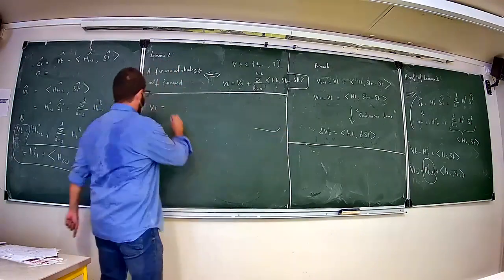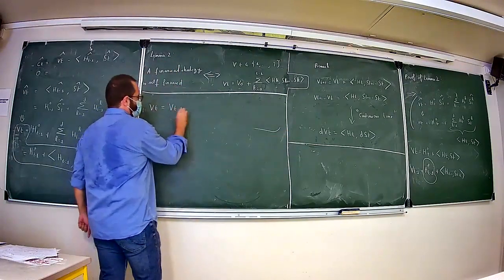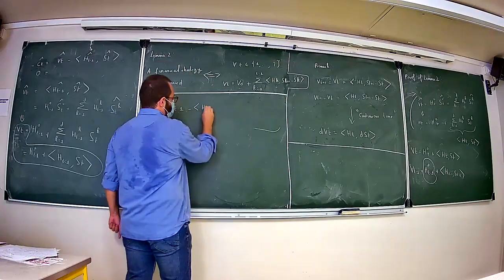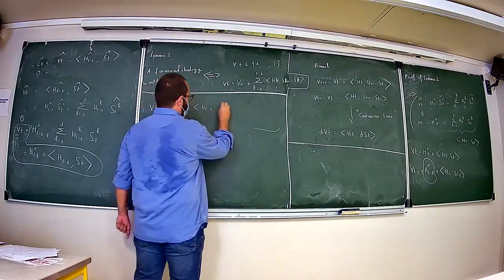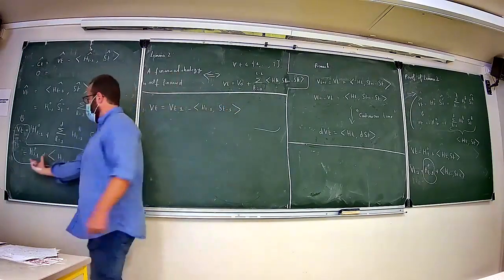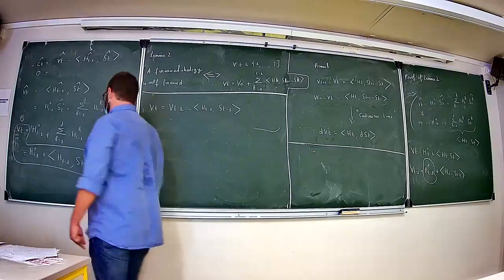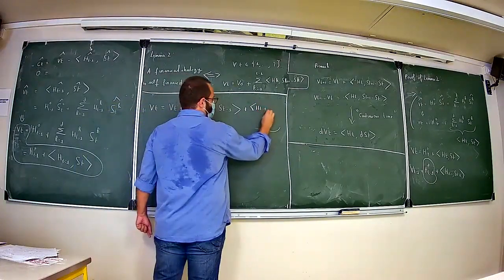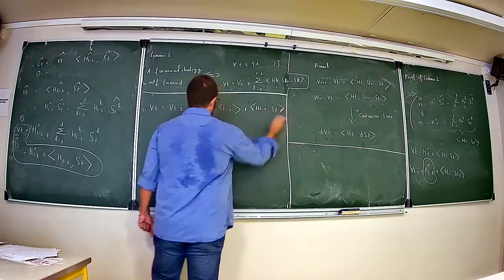H0 t minus 1, that is Vt minus 1 minus Ht minus 1 St minus 1. Okay, so it's H0 t minus 1 plus this scalar product, that is plus H t minus 1 St.